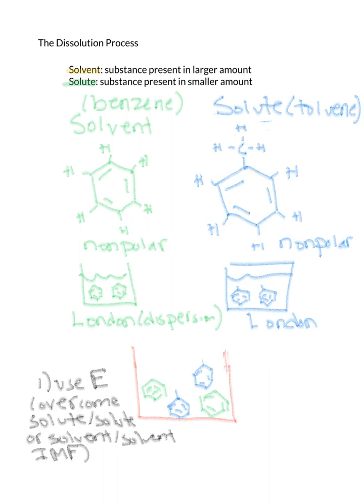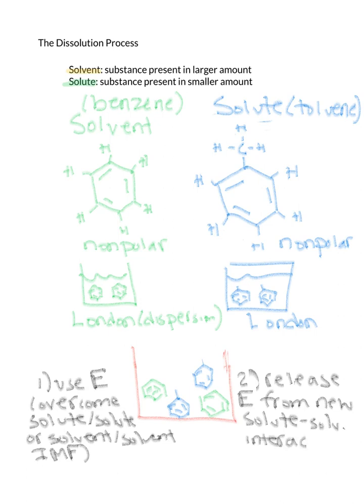However, what we get on the flip side is we get the release of energy. Why? Because we get new solute solvent interactions. And as long as 1 equals 2 or 1 is less than 2, right?